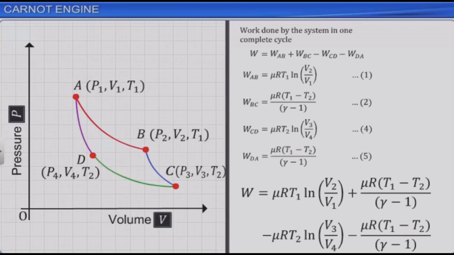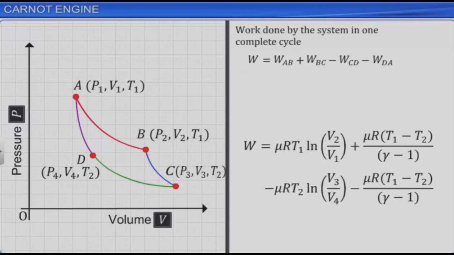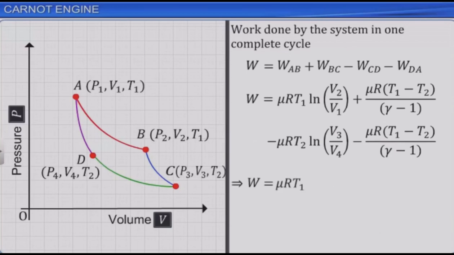On simplification, we get W is equal to mu R T1 into ln of V2 by V1 minus mu R T2 into ln of V3 by V4. Let this be equation 7.